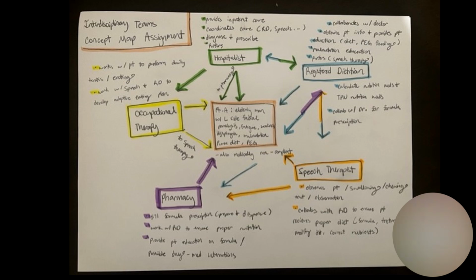So the occupational therapist can work with the dietitian and speech therapy to work with the patient to perform daily activity tasks, including eating, whether it be getting the spoon or fork to the mouth, working on weakness, working on chewing, and then working with the speech therapist in collaboration for swallowing, and then of course working with the RD to develop an adaptive eating plan.